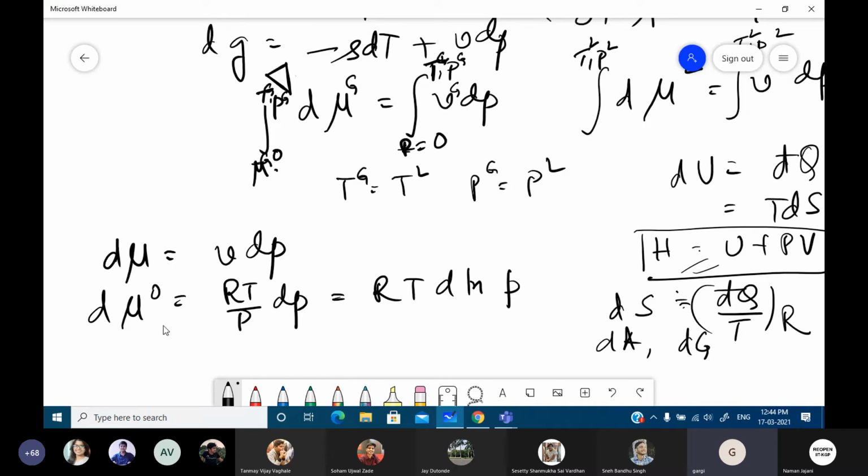We know that the variation of mu in the ideal gas state can be related with pressure. So if we know some pressure value and some other pressure value, we can find the difference of the mu in the ideal gas state.